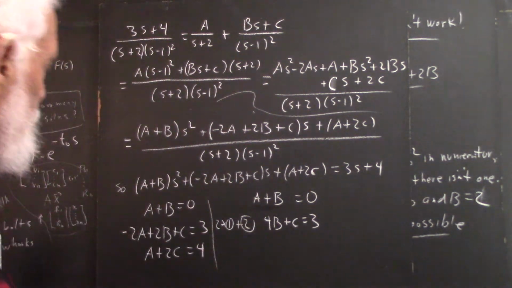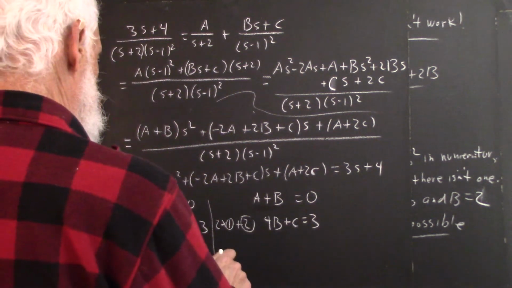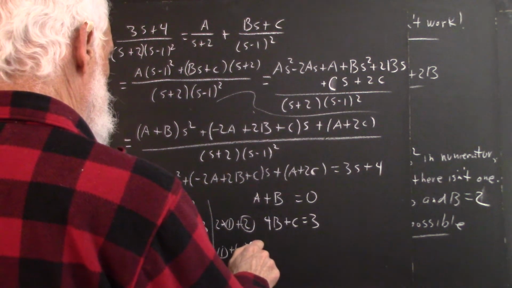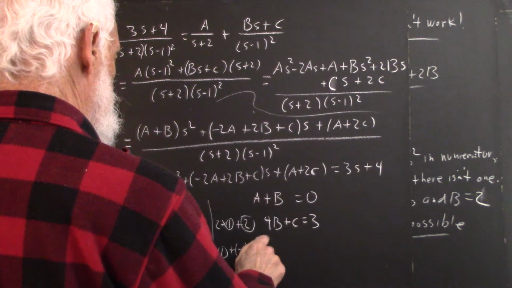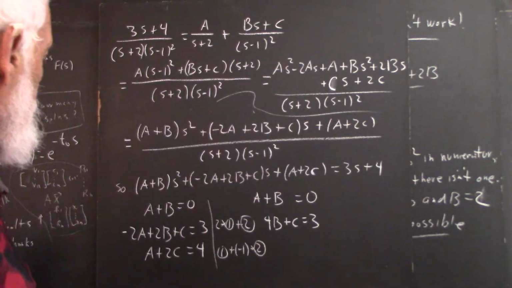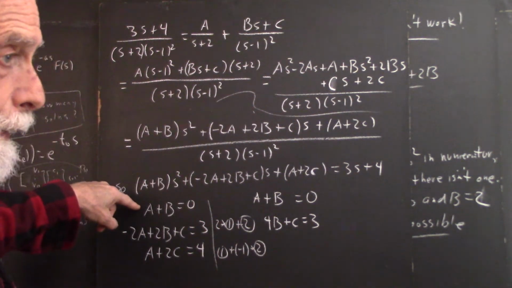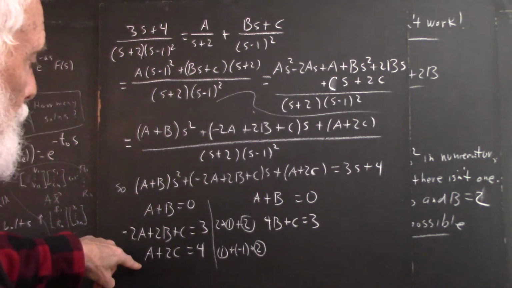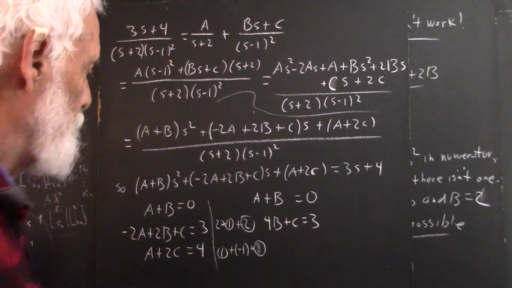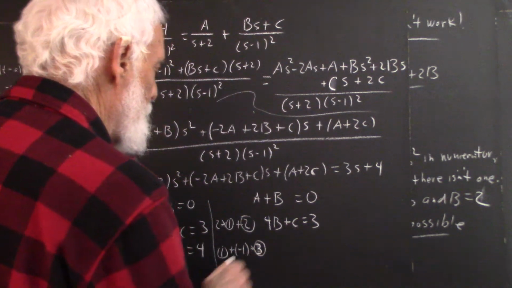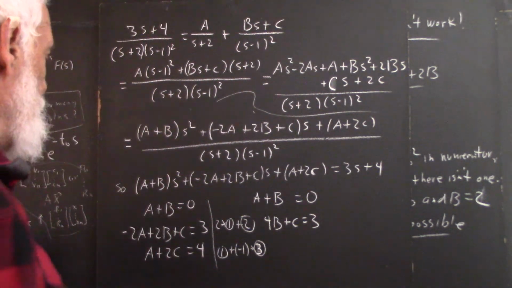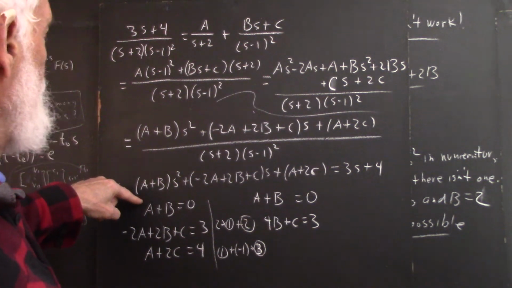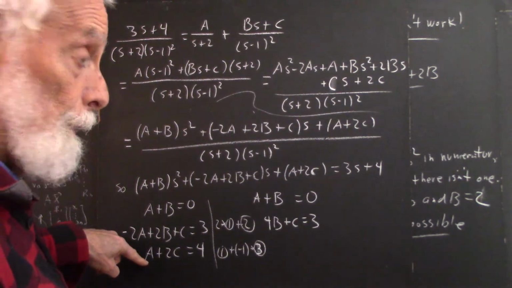And then I do equation 1, this one again, added to the negative of equation 3, not 2. And that's going to be b, but first the a and the minus a is going to give me 0.